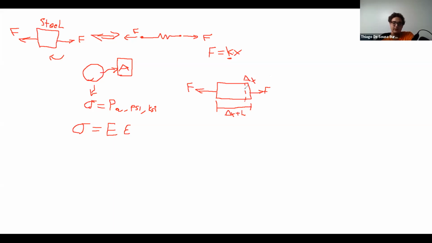So based on Hooke's law, the strain ends up being delta x over L, and this is unitless.